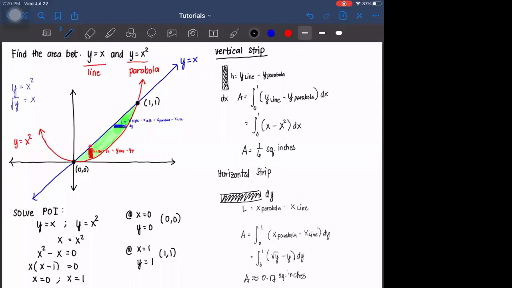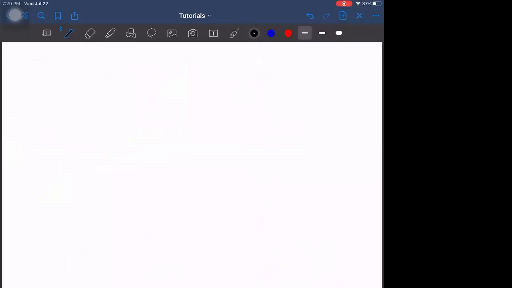But that is also equal to 1 over 6 square inches. If you press 1 divided by 6, you will get 0.1666667. Are they the same? It's really up to you which form to use. Next. Maybe you're getting hungry. We'll have 2 more examples and then we'll go.